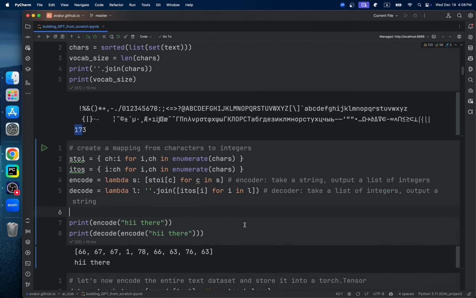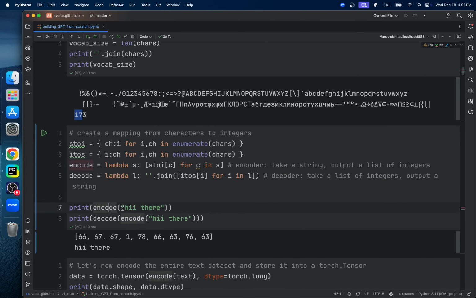So for example, if we encode the phrase "hi there", then you see the numbers of the letters from our vocabulary. For example, you see here the H and I, with numbers 66, 67, 67. So these are the numbers of letters. Then goes 1, and we see a space here, so 1 is the number of space in our vocabulary, and so on.